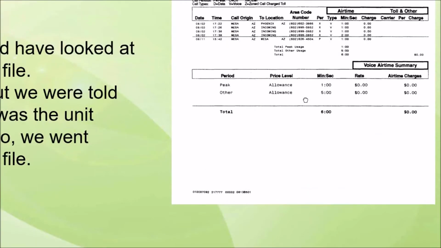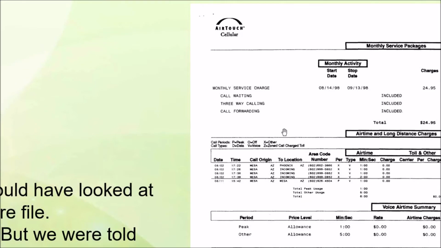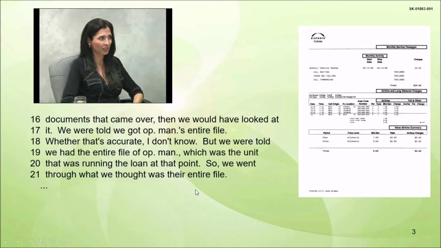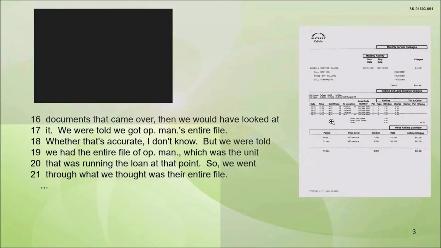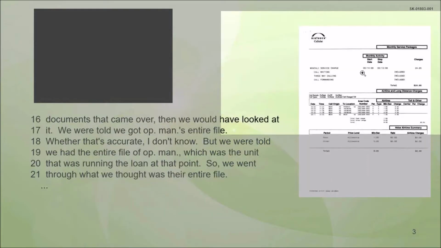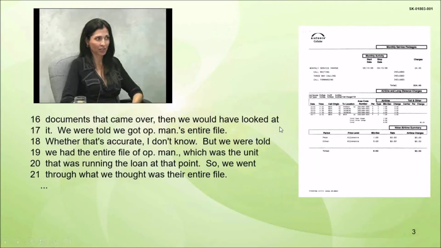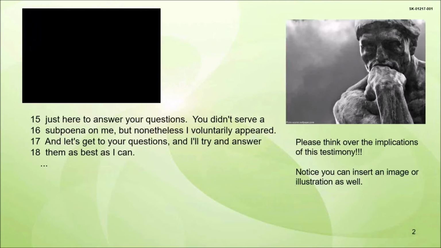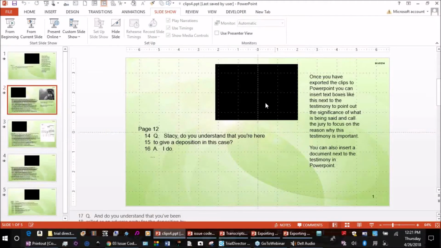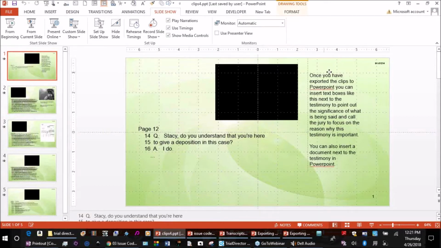Then I can hit the escape key on my keyboard, and I'm back in PowerPoint. It gives me a chance to do some commentary, zooming in on the exhibit as well. The advantage of putting these video transcripts into PowerPoint is you can add text boxes over to the right.